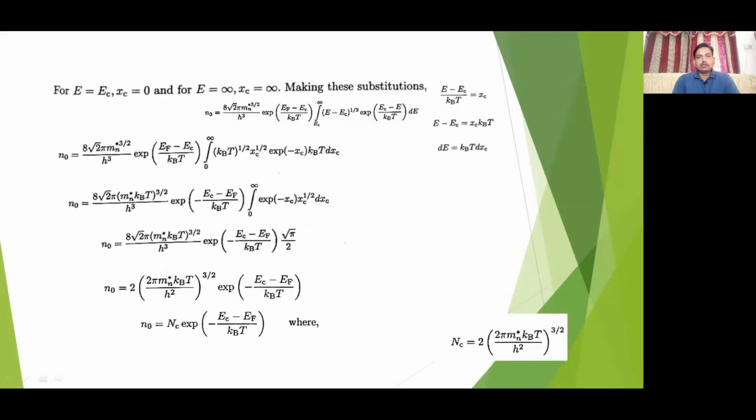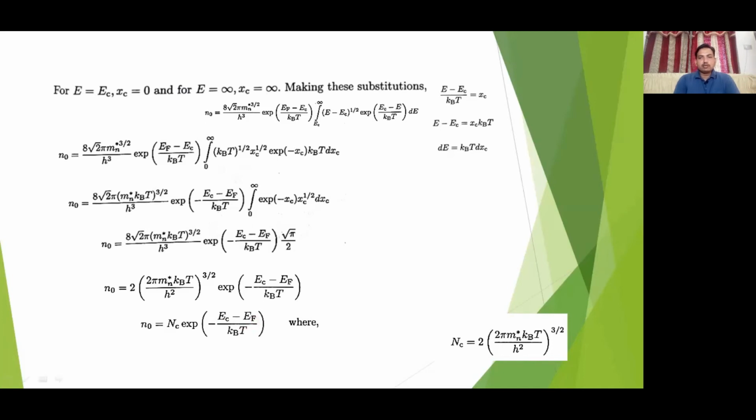So it is very clear on what factors this concentration will depend: EC, the energy of the bottom of the conduction band, the Fermi energy of the material, and the temperature of the material.